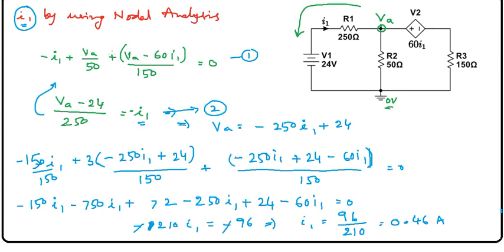Yes, so this is the answer with nodal analysis. Whatever method you are using, the answer should be the same. So either mesh analysis is wrong or nodal analysis is wrong. Please try to identify the mistake and please type in the comment box so that we can rectify our mistake. Okay, thank you so much for your careful listening.